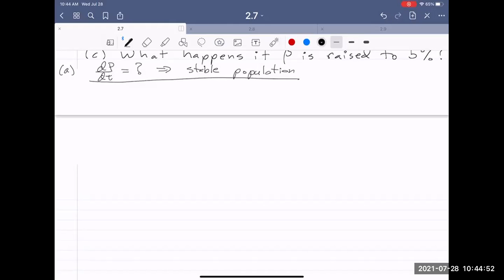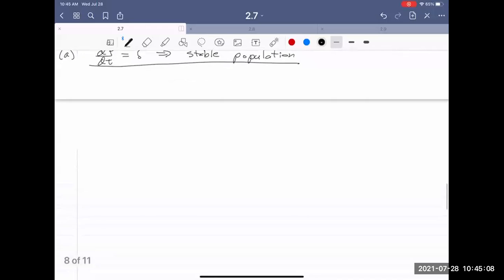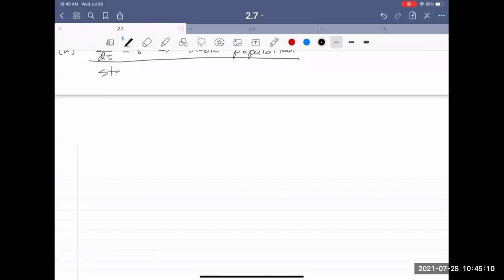Well, if you want your population to be stable, you don't want the population to grow, nor do you want the population to decrease. And so you do not want any change in the population.